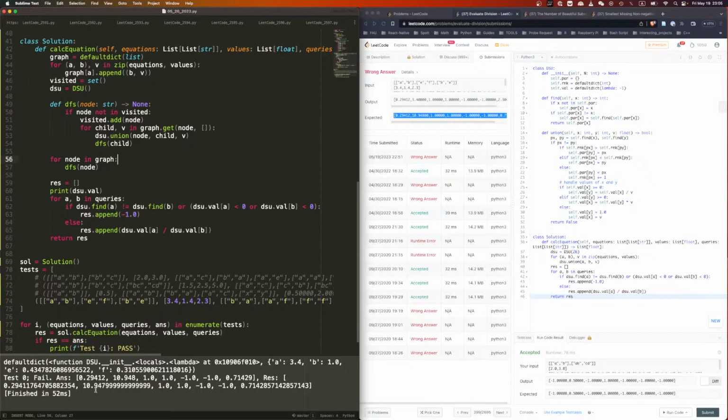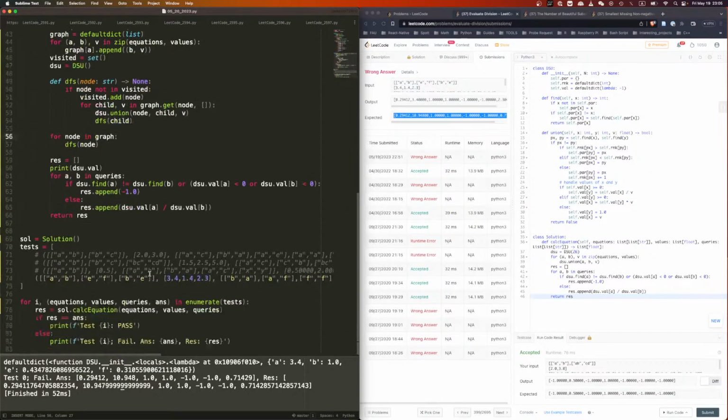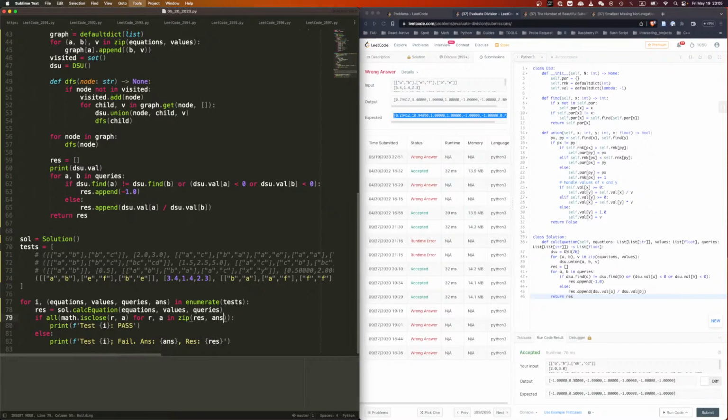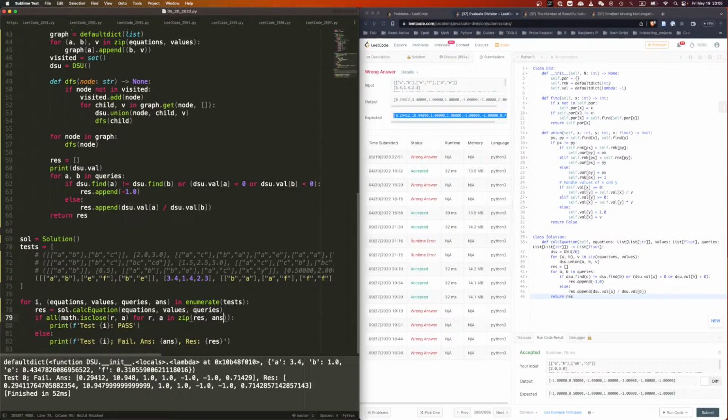Second one, oh, it's correct. It's correct. For a result answer in zip result answer, we need to do math dot is close. Oh, res ans. It's not close?